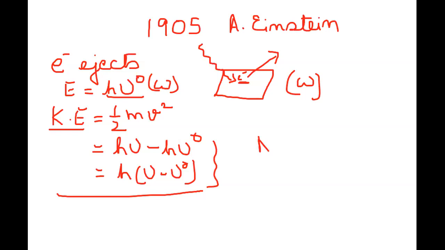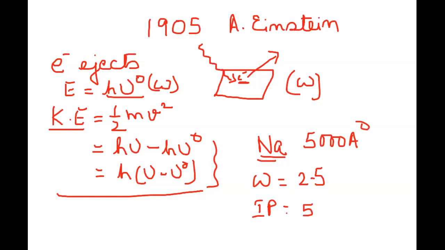For example, for a sodium metal surface with a threshold wavelength of 5,000 angstroms, the work function is only 2.5 electron volts, whereas the ionization potential is as much as 5.12 electron volts. So in the case of the gaseous atom, the energy required is more.